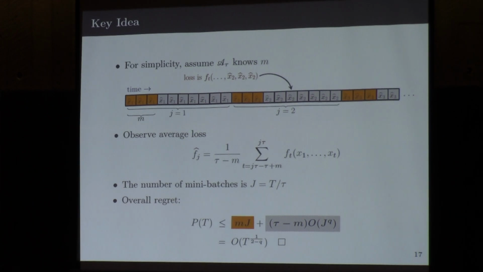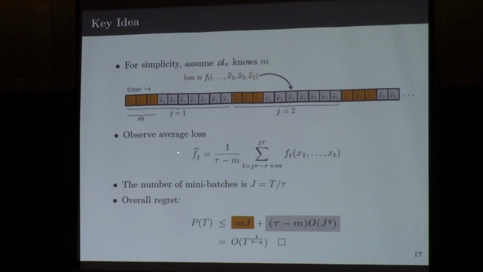So I'm not sure. Are you assuming that the FTs don't change with T? The FTs could still change with T, even though it's feeding in X1, X1, X1. FT need not be the same as FT. And that's the same case with regret. FTs are different at different times. So on these rounds, if I ignore the feedback, every other FT that I look at has the same prefix.